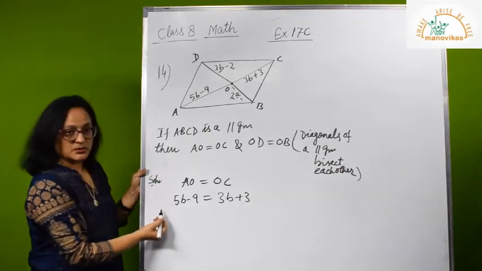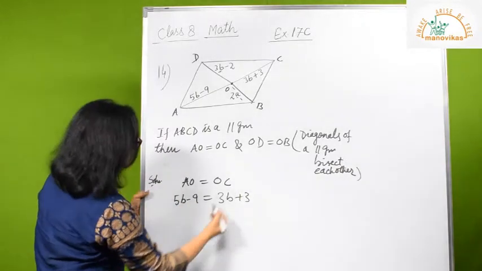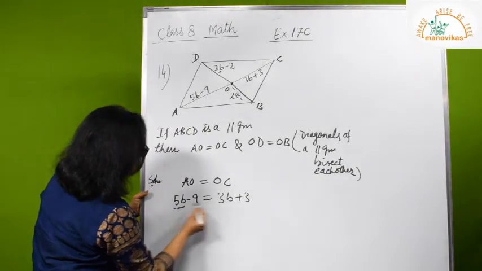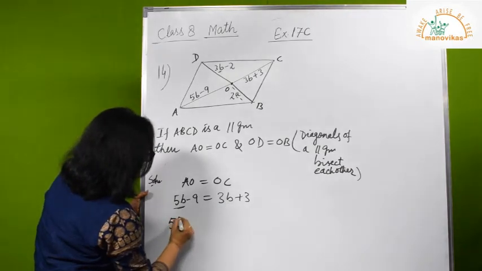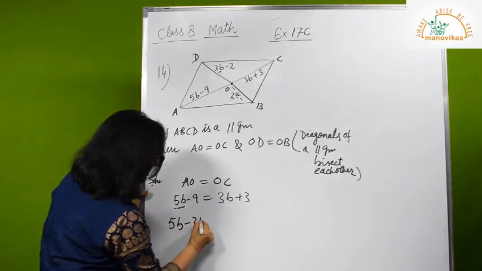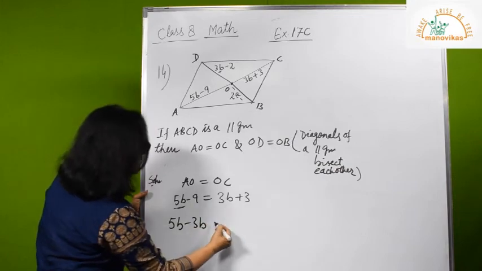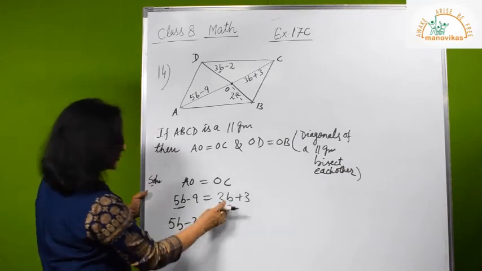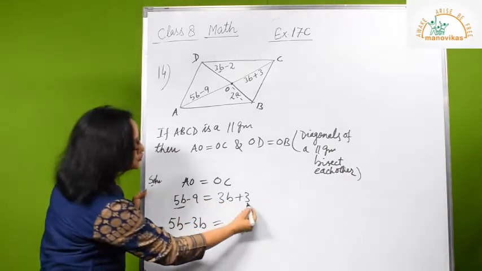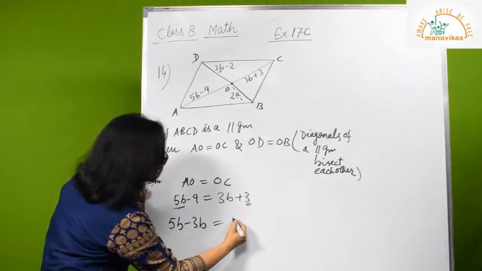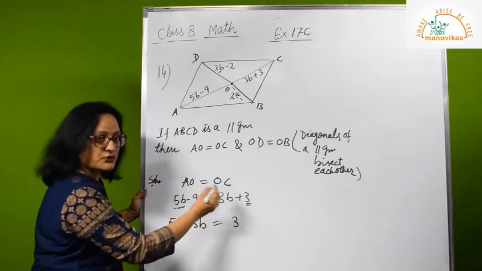Now collect variables on one side and constants on the other side. So this is fixed, I am shifting 3B. So 5B minus 3B, it will be negative. This is equal to 3, because we have shifted from the right hand side, so this will be fixed on this side only. Only one term you can shift from one side.